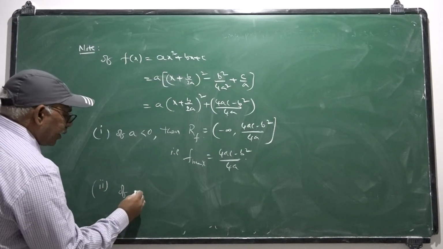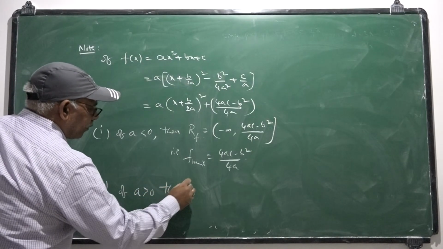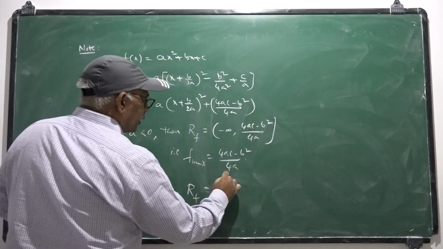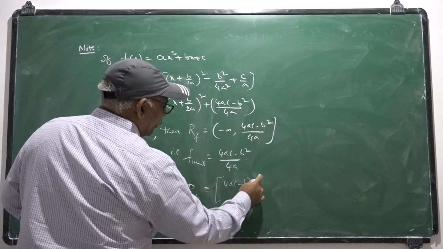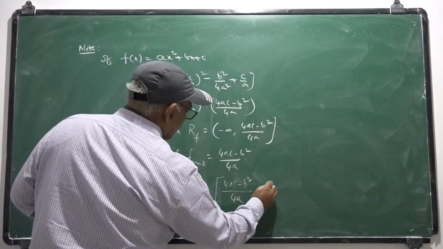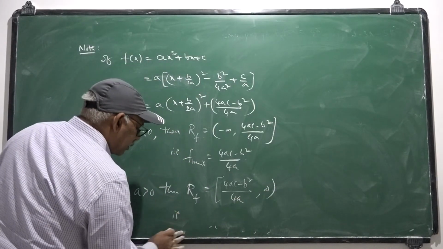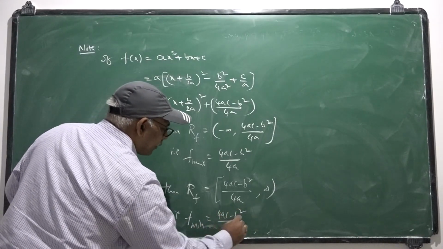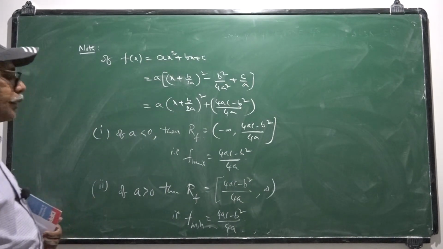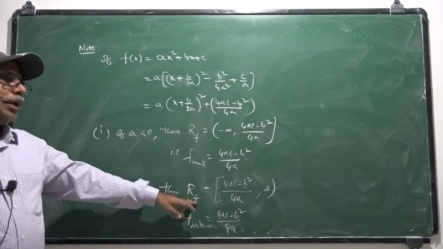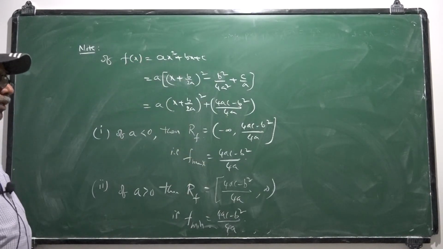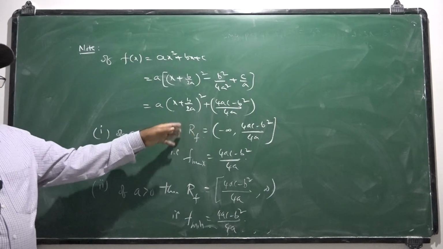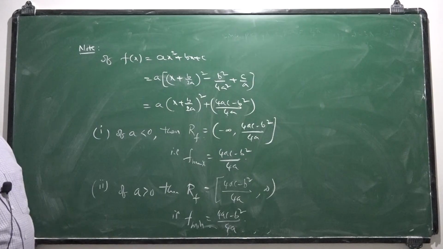And if a is positive, then it becomes minimum because this value is more than this value. In such case, the range of f is [4ac minus b square by 4a, infinity). That is, minimum of f is 4ac minus b square by 4a itself. Based on a positive, the range of the quadratic is [4ac minus b square by 4a, infinity). And for a negative, the range of the function is (minus infinity, 4ac minus b square by 4a].